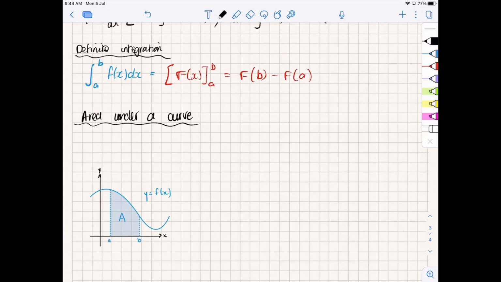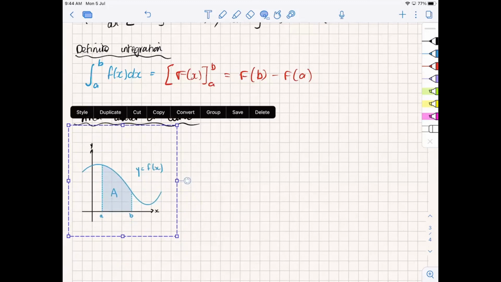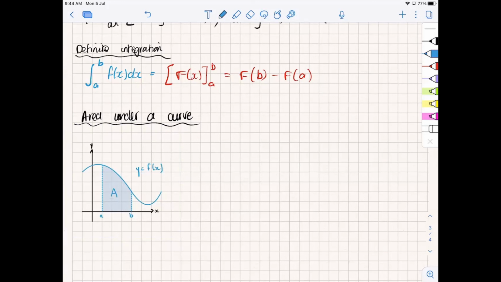Okay, so very quickly, we were looking at area, okay? So if the area, in my case A, is bound by the curve, the x-axis, x equal to a and x equal to b, right?